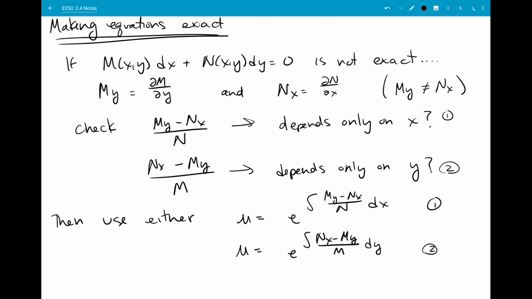And if you take that mu and multiply it by your whole equation, so mu times m dx plus mu times n dy equals 0, that is an exact equation.